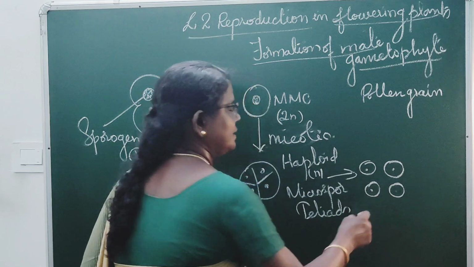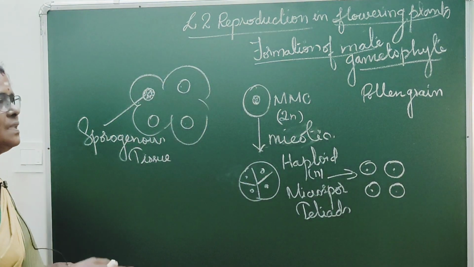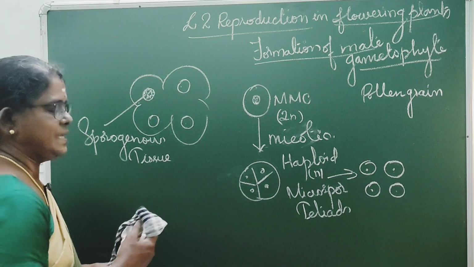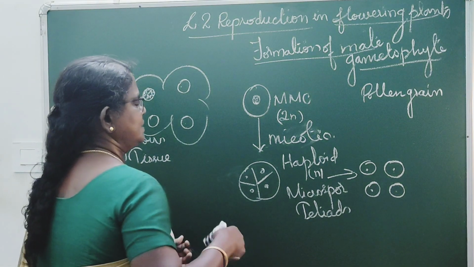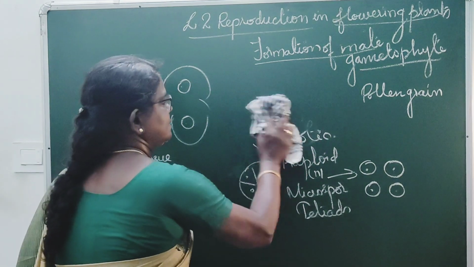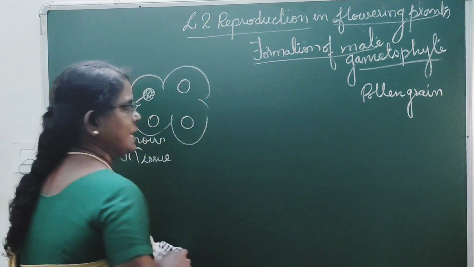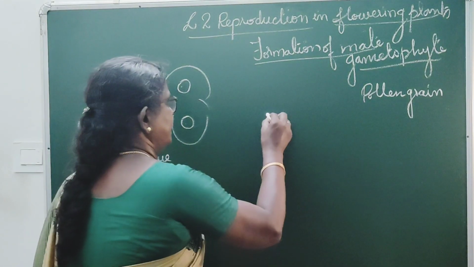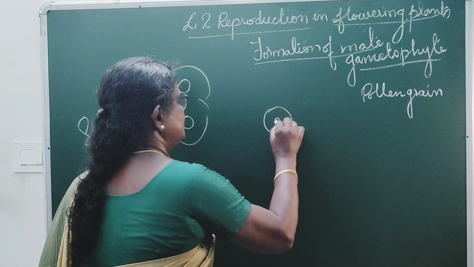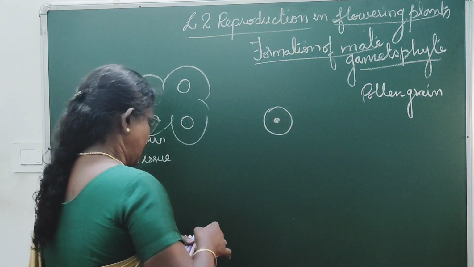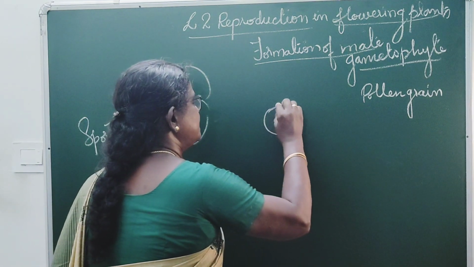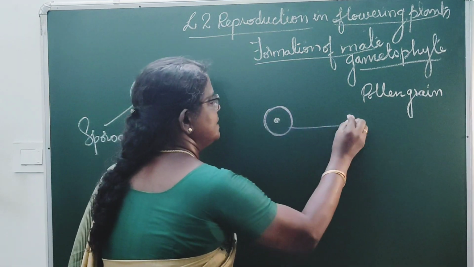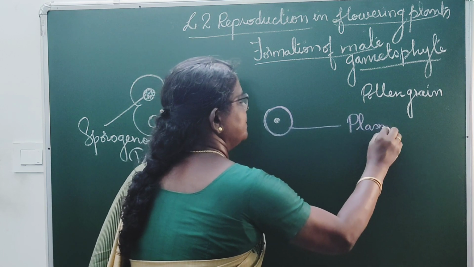Now some changes take place in the microspore in the formation of pollen grains. What are the changes? We will see. This microspore has its own plasma membrane.